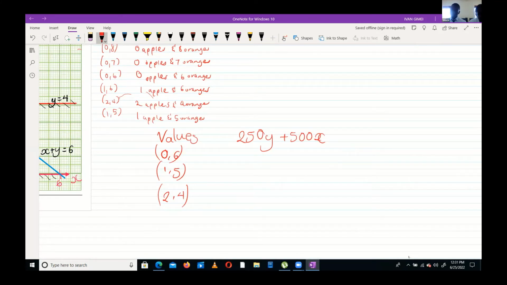So our first is 250 times 6, where y is 6, plus 500 times 0, where x is 0. And this gives us 1,500 shillings.